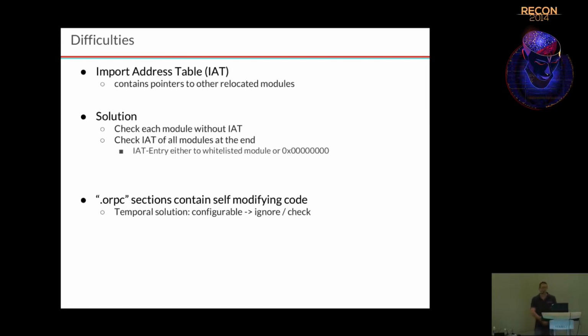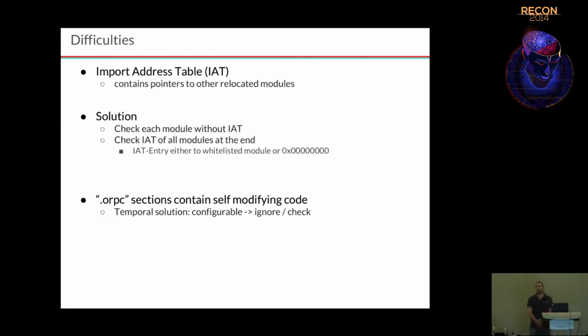The solution is that we ignore the IAT for the moment, do the whitelisting for every module, and then at the end of the whitelisting process, we come back to the IAT, check every entry, and verify if the entry points to an already whitelisted module or if it is still 0. So this works perfectly for the IAT, but there is another difficulty, namely the ORPC sections.